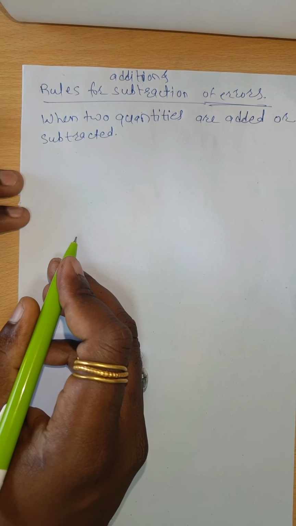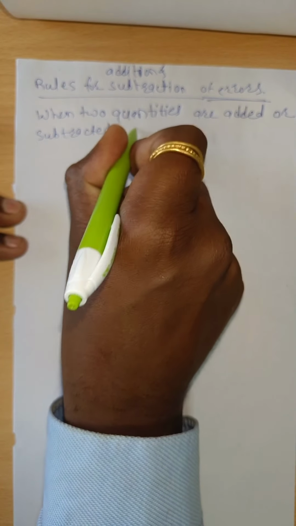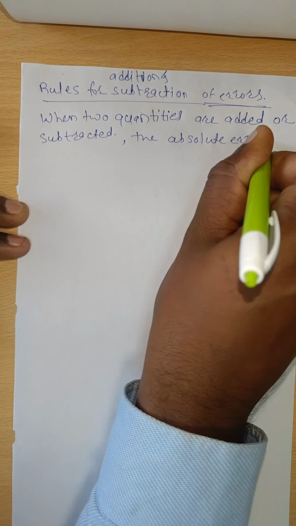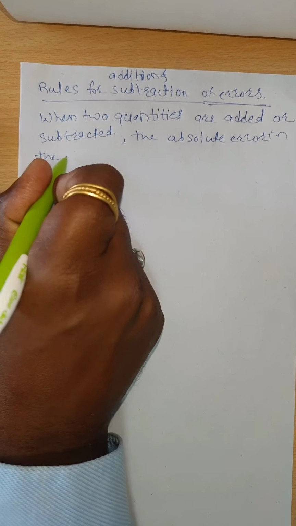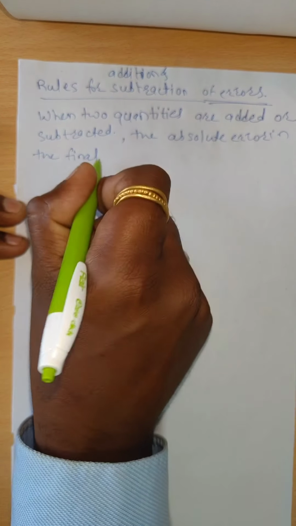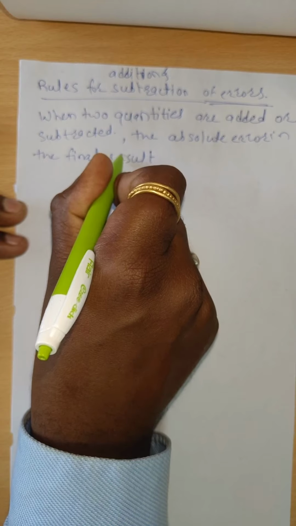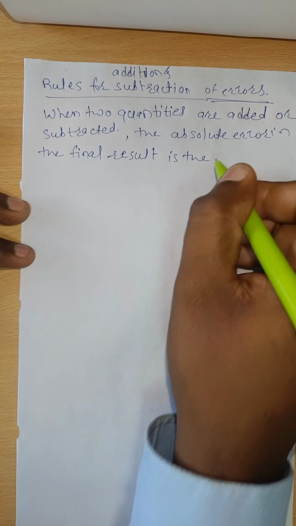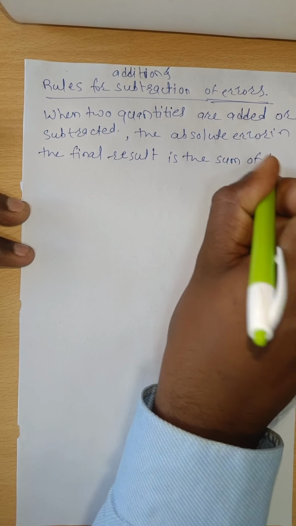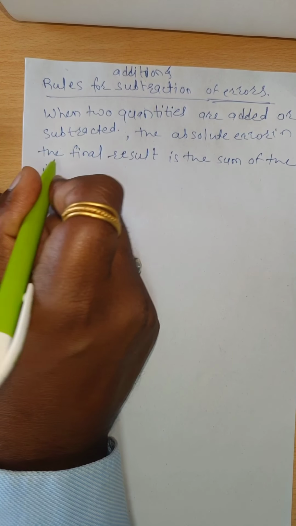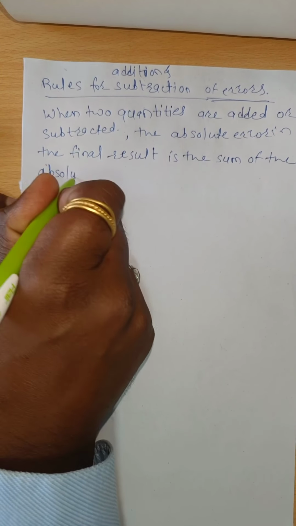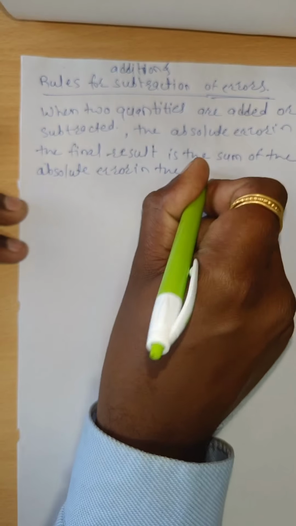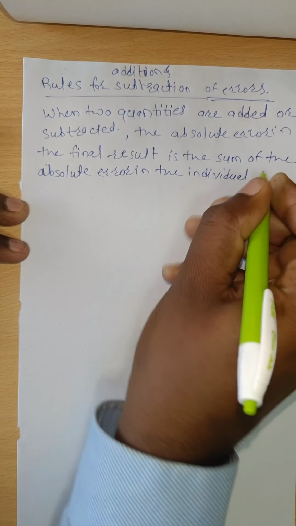the absolute error in the final result is the sum of the absolute errors in the individual quantities.